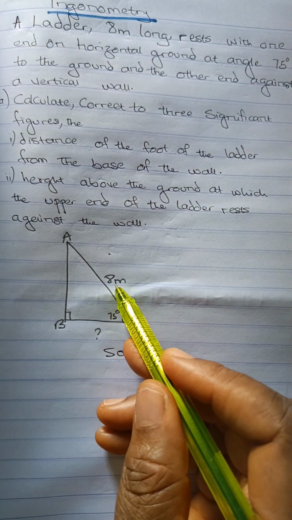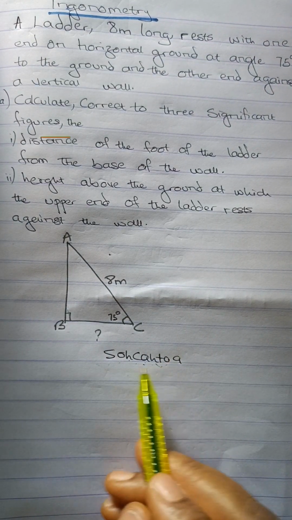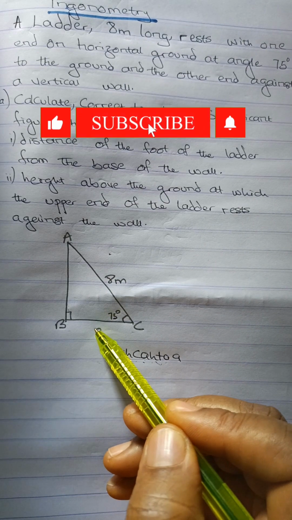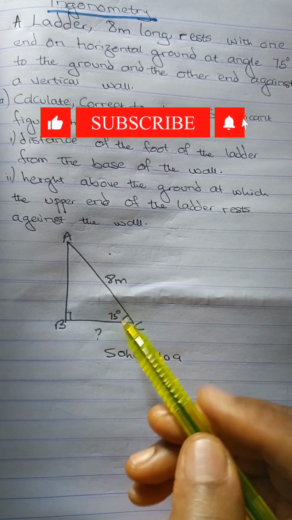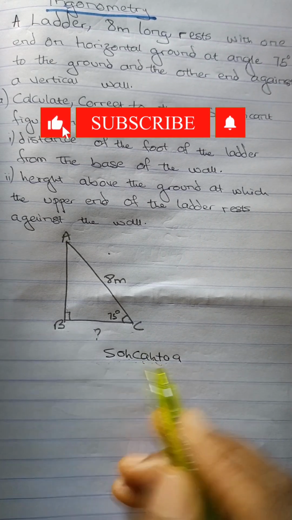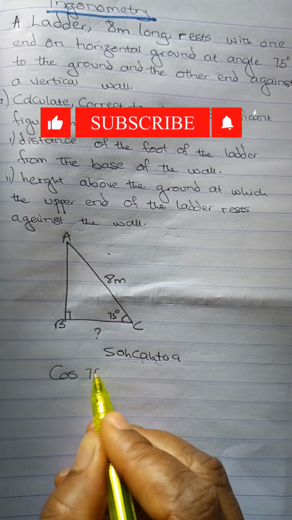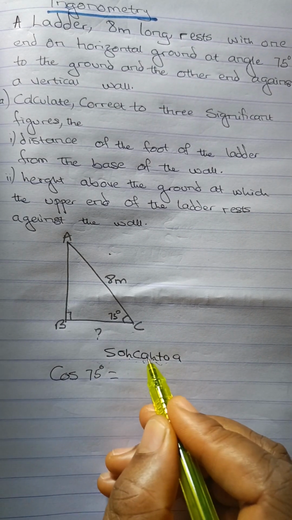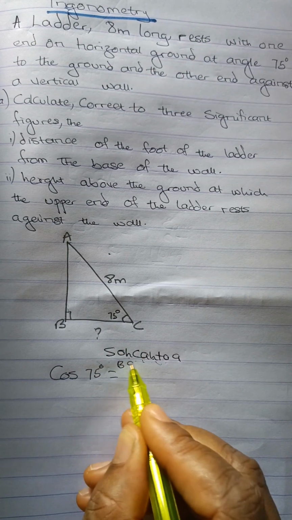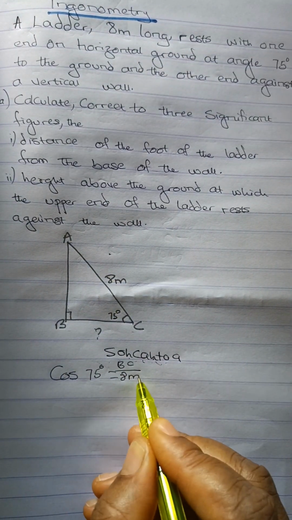Since we have this, and we're solving for this, which one is best to use? We have the hypotenuse and the adjacent. This is what we need, hypotenuse and adjacent, so we should be using cos. So cos 75 degrees equals adjacent, which is BC, over hypotenuse, 8 meters.